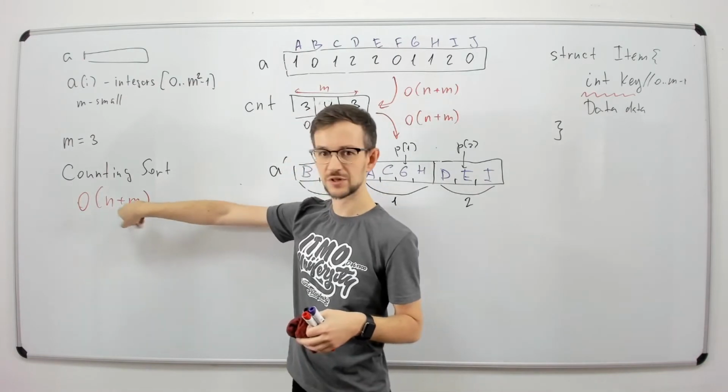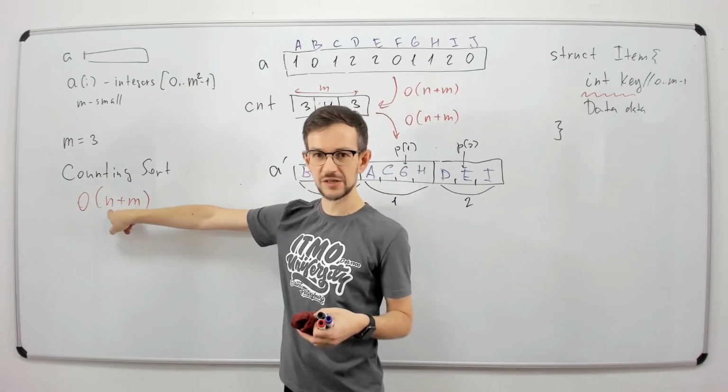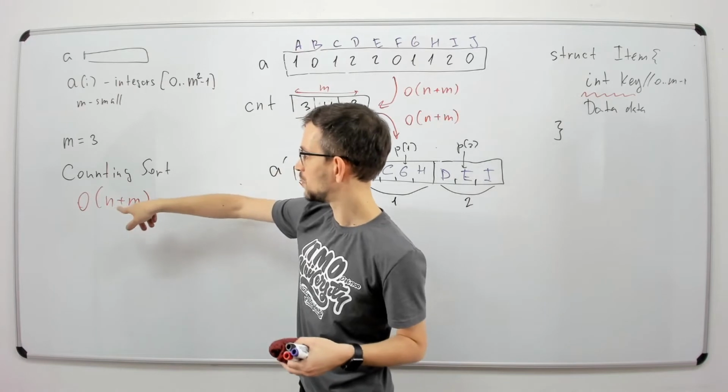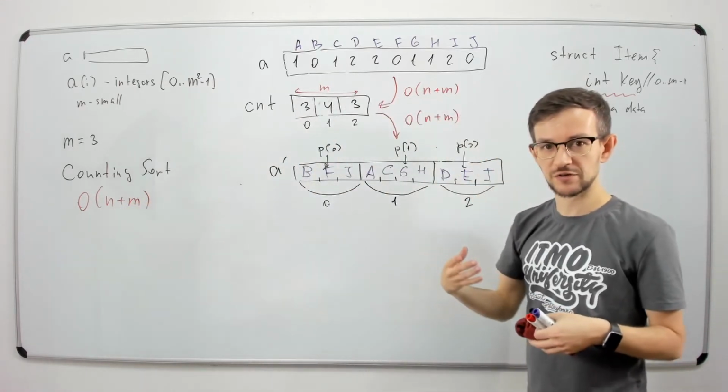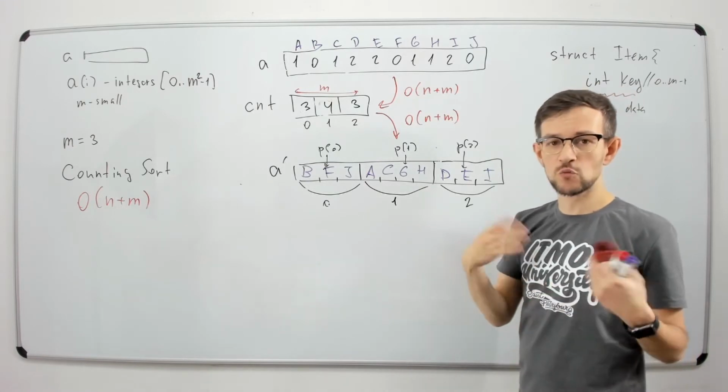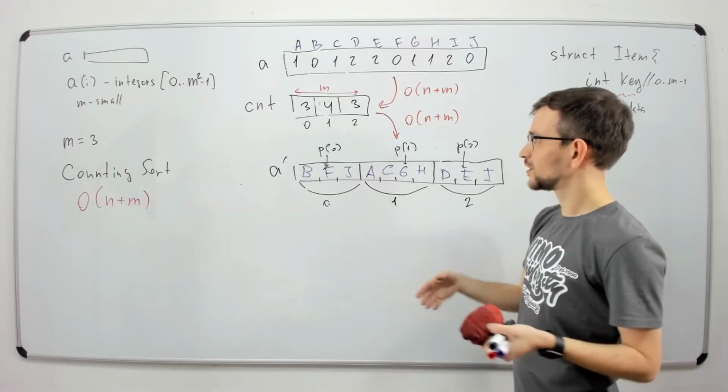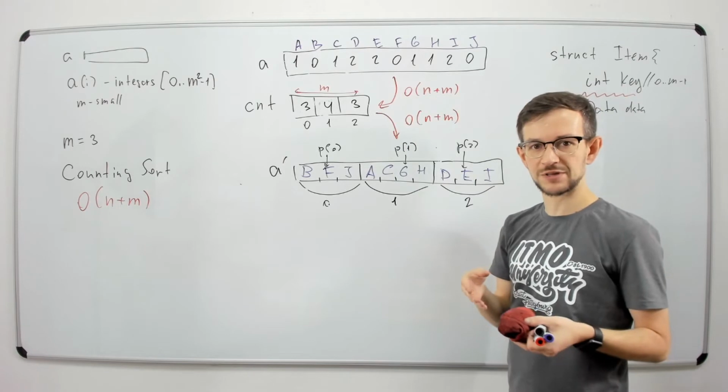If m is bigger than n, then you just spend too much time on creating this array. So usually m should be about the same as n.